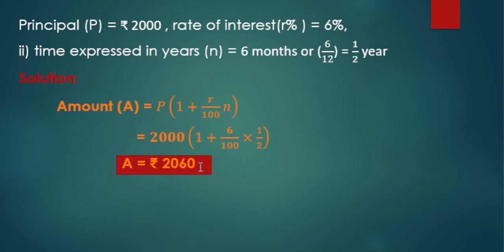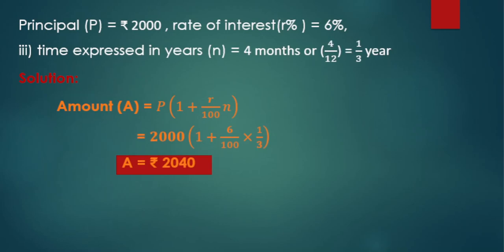2060. In the third question, the time is 4 months. So first we have to convert this month into year. For this, we divide 4 by 12 since we have 12 months in a year.